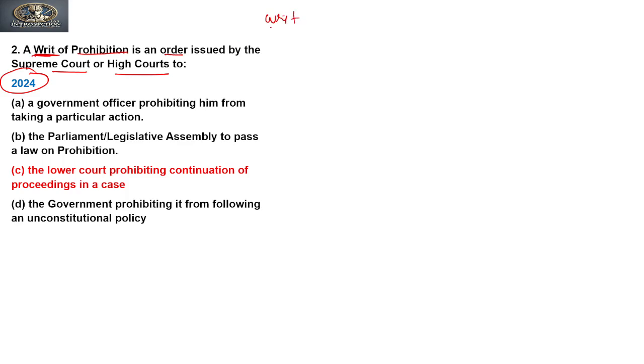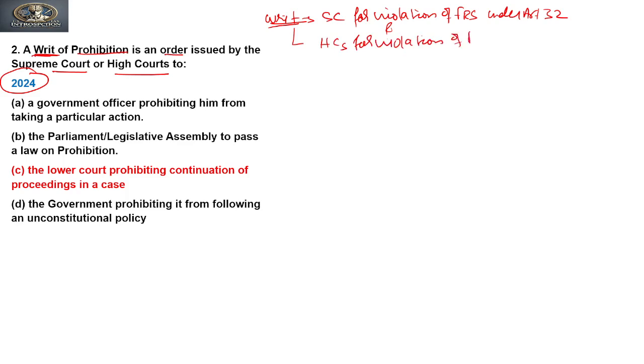A writ is issued by the Supreme Court for violation of fundamental rights under Article 32, and writs are also issued by High Courts for violation of fundamental rights plus other legal rights through Article 226.